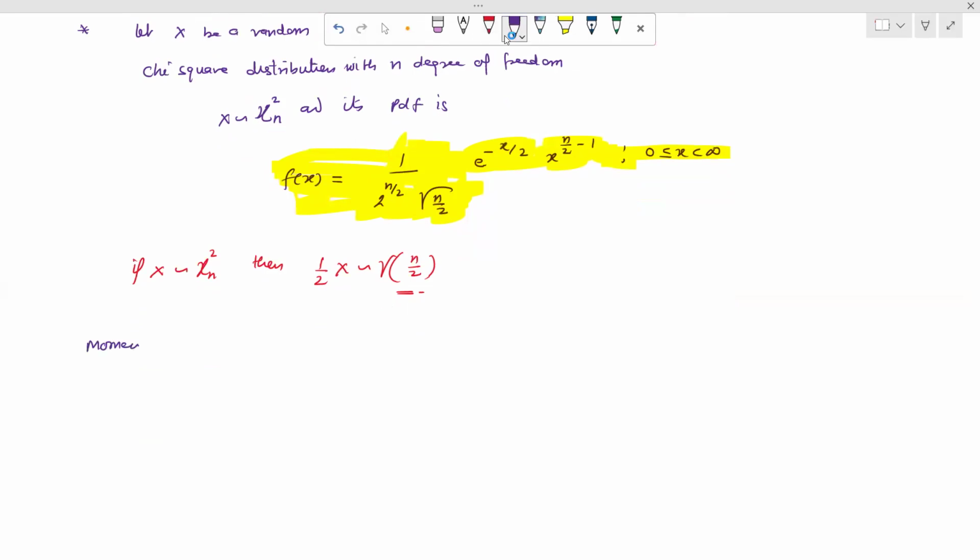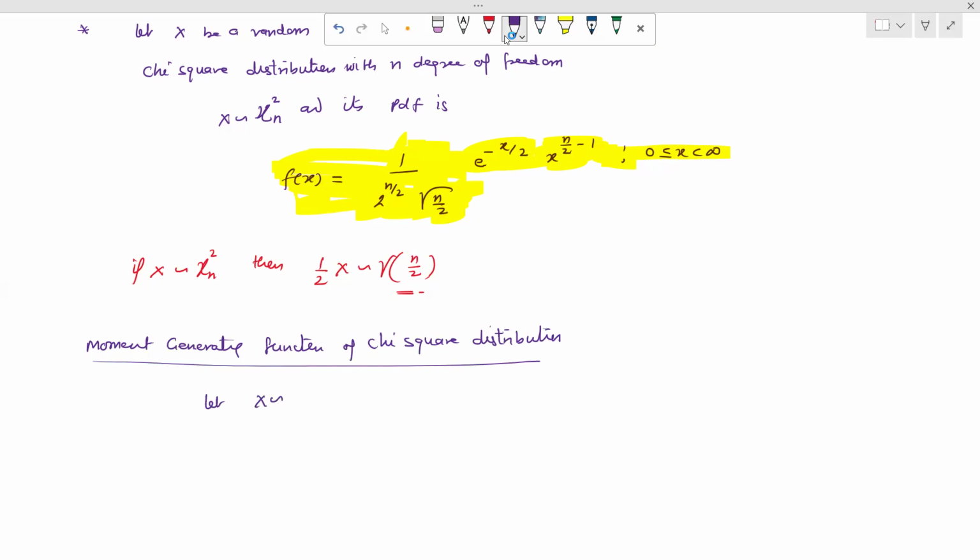So now the moment generating function of the chi-square distribution. Let we have random variable X following the chi-square distribution with n degrees of freedom.